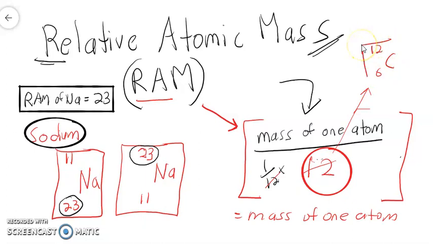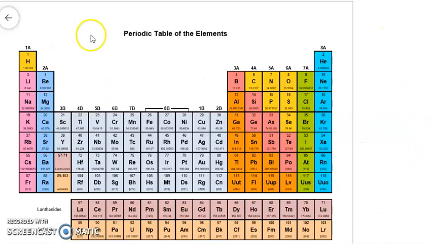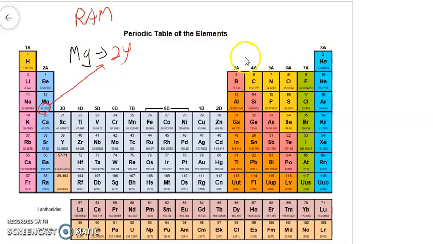Okay, now let us look at this periodic table. The RAM of magnesium is given as 24, which is here. This is the RAM. Now let us look at the other elements here. For example, like just now, carbon, we have 12.